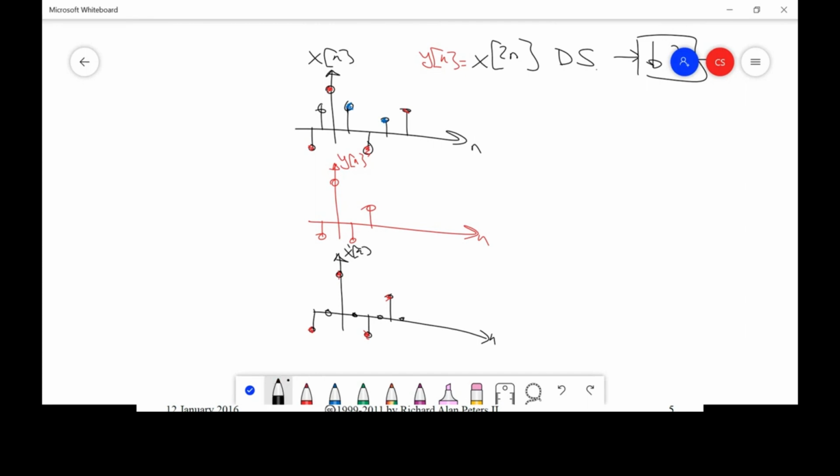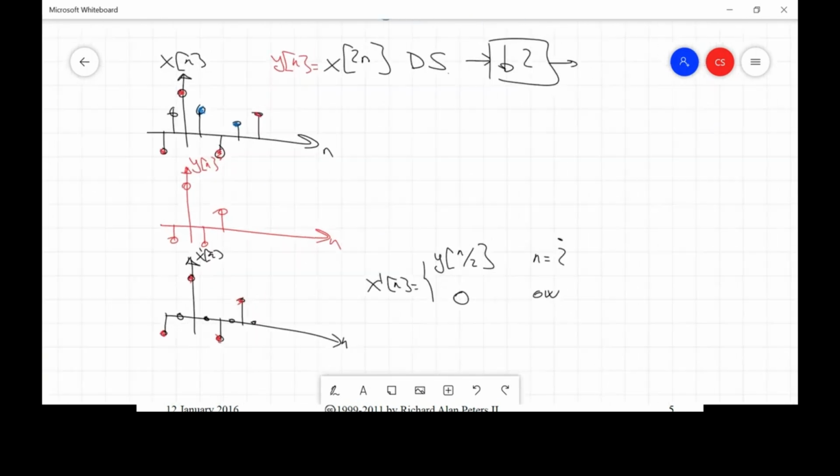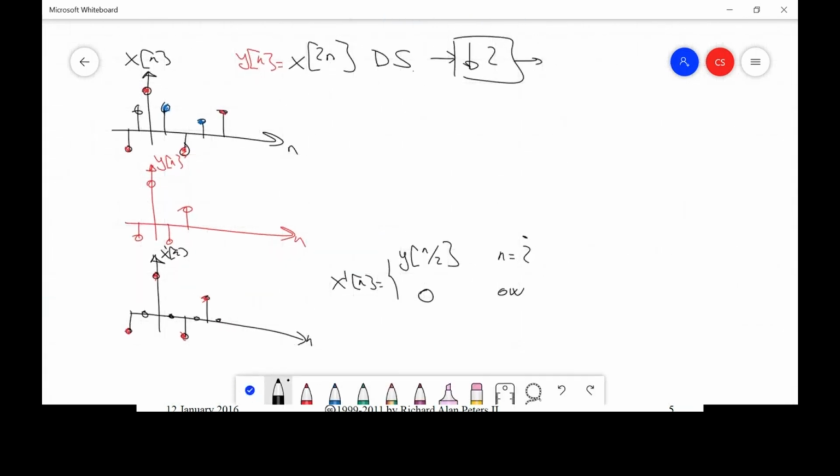How do I express that mathematically? x prime is y of n over 2 if n is a multiple of 2 and 0 otherwise. And this is called an upsampling, and it is represented by this system.